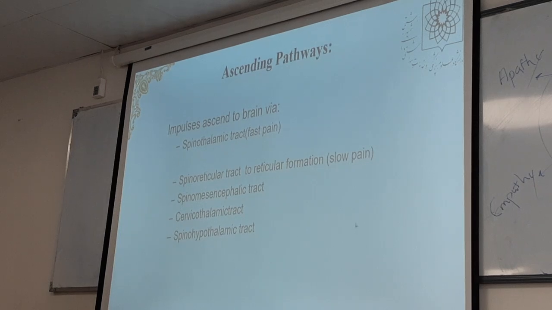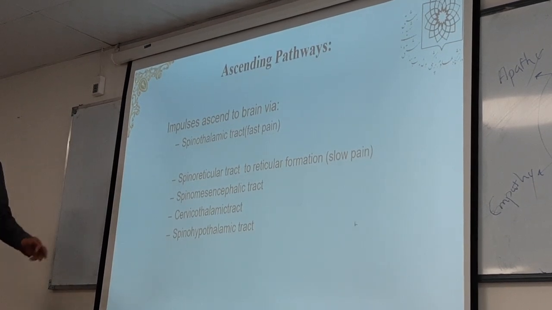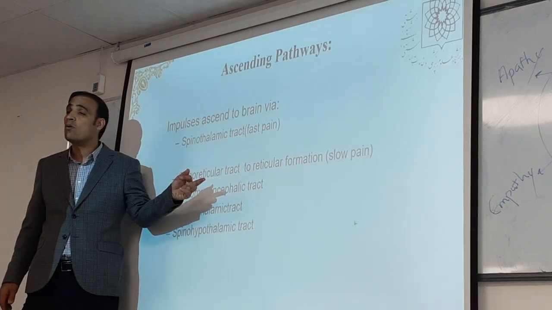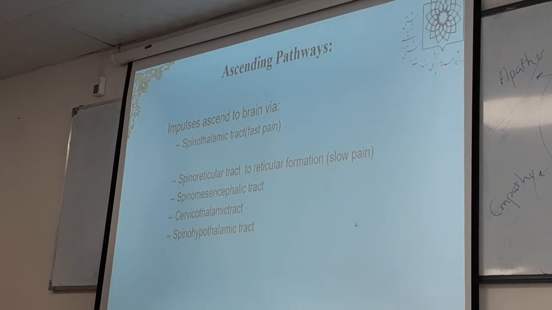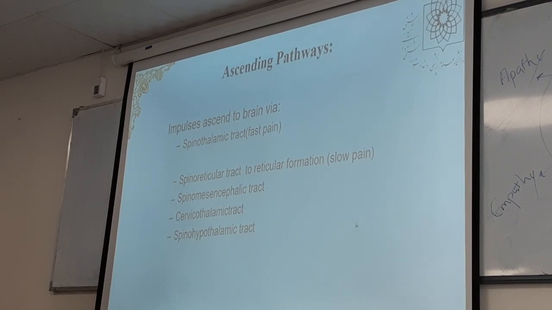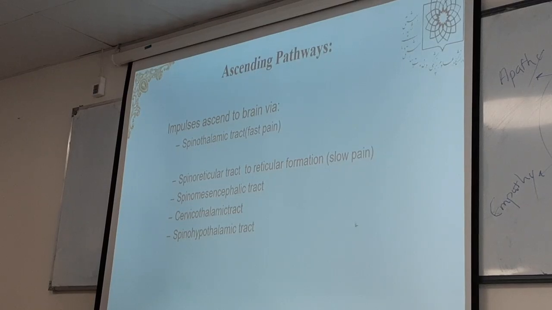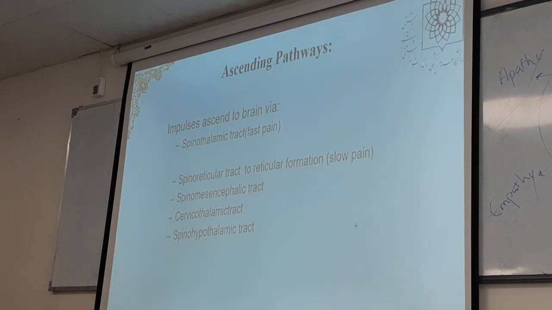This is stress-induced analgesia. And this pathway also sends some pain signals to the limbic system, the system that generates the emotional part of the pain. You know that pain has an emotional response.